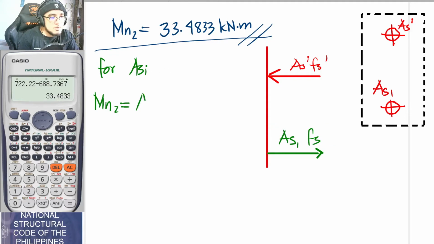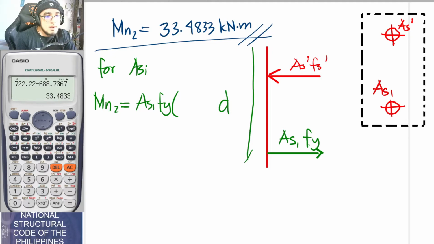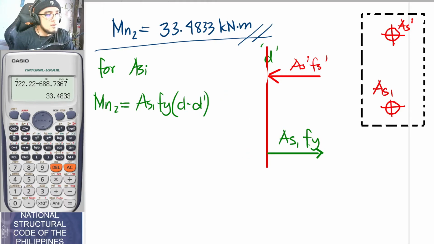Since our section is tension controlled, Fs is now equal to Fy. So AS1 Fy times, of course, our lever arm, which is d minus d prime. So AS1 Fy times d minus d prime.